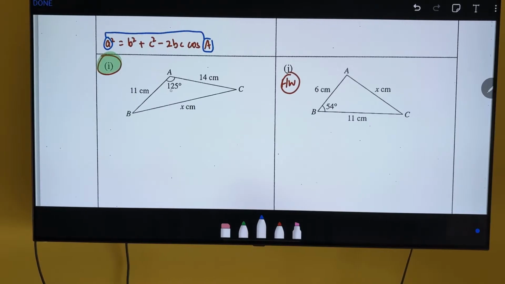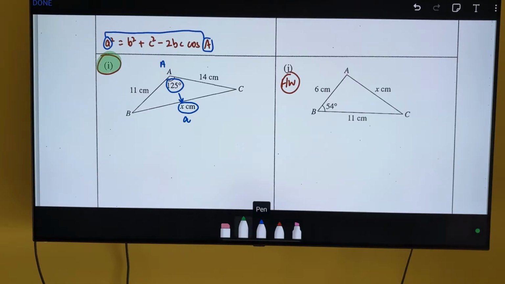So we have 125 degrees corresponding to x. X will be our lowercase a and uppercase A will be 125 degrees. Now what's B and what's C? It can be B equals 11, C equals to 14, or B equals to 14, C equals to 11. The order does not matter.